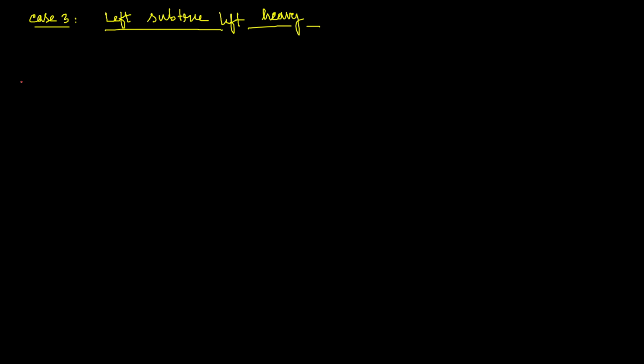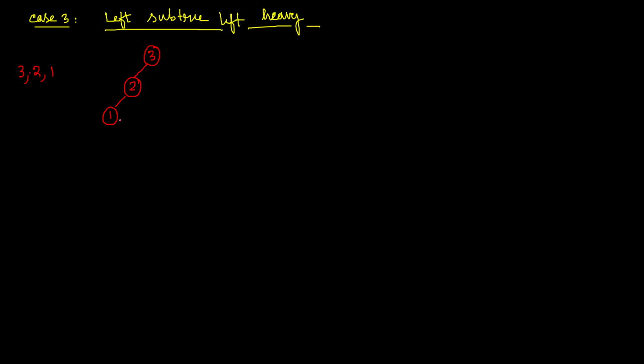It's something like, suppose now the data set comes as 3, 2, 1. So what will happen here? That means it will be something like 3, then left 2, and then left 1. Right? 3, 2, 1.